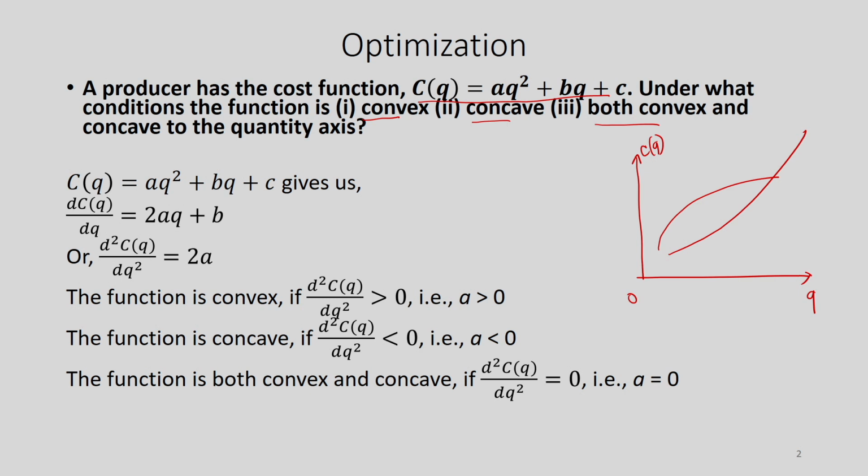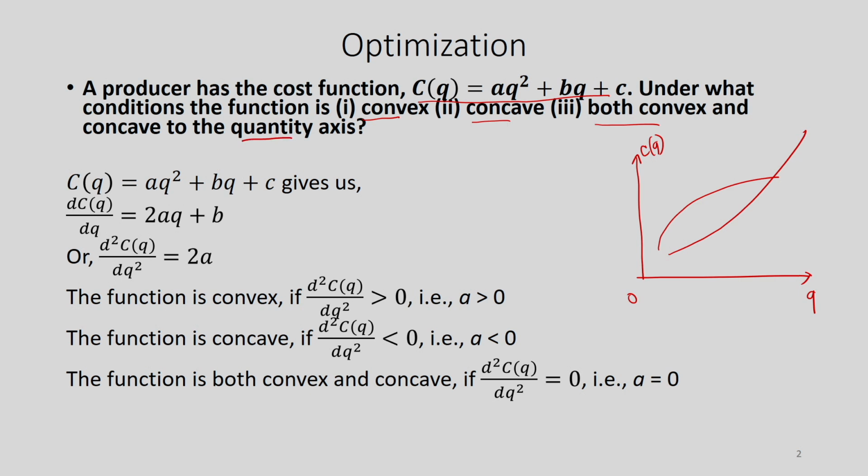In part 2, under what conditions does this polynomial function represent a concave function, and in the third part, both convex and concave. So, the function has to be specified as convex or concave with respect to the horizontal axis, that is the quantity axis.